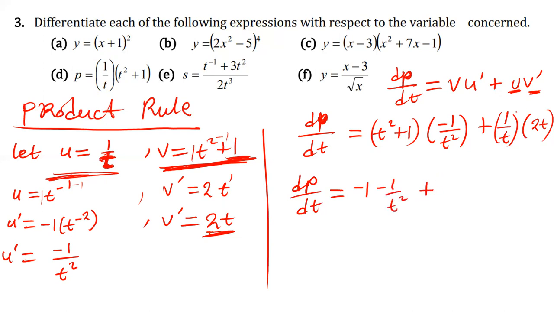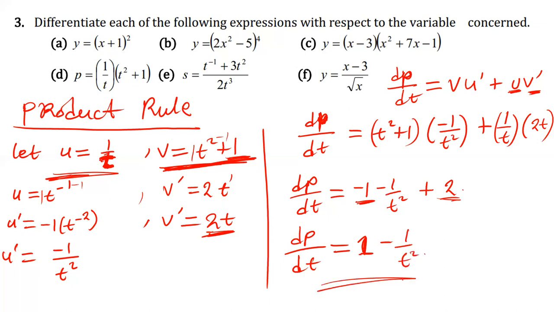Then plus, when I multiply 1 over t times 2t, I'm getting 2. So this part and that part can add: negative 1 plus 2, the answer is 1. So when I add this and that, I'm going to get 1, then minus 1 over t squared. This is what I'm going to have as the final answer.